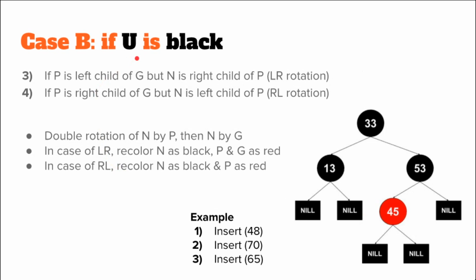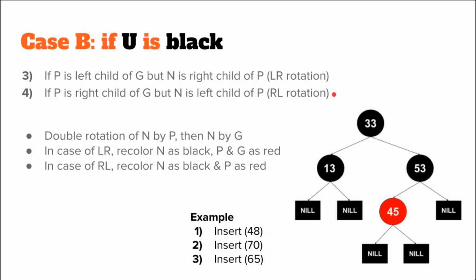Another variation in the case of uncle node U being black is if the node N is the right child of parent node P and P is a left child of the grandparent node G, also called LR rotation.